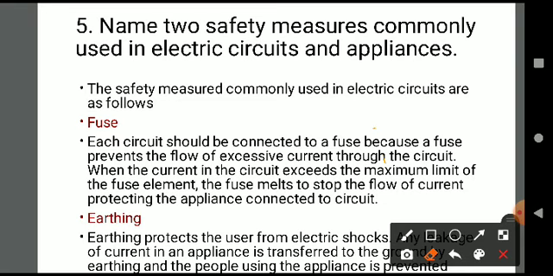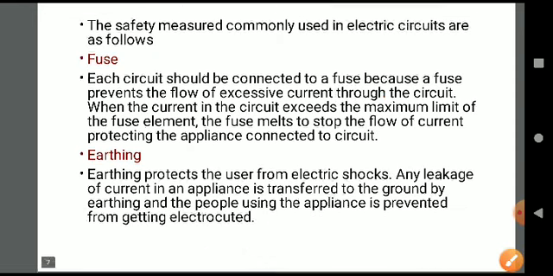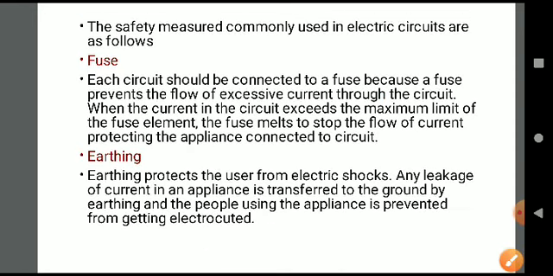In this way it is going to protect the appliances when excessive flow of current will take place. Now the second thing is by providing earthing. So earthing protects the user from electric shocks. Any leakage of current in an appliance is transferred to the ground by earthing, and the people using the appliance are prevented from getting electrocuted.